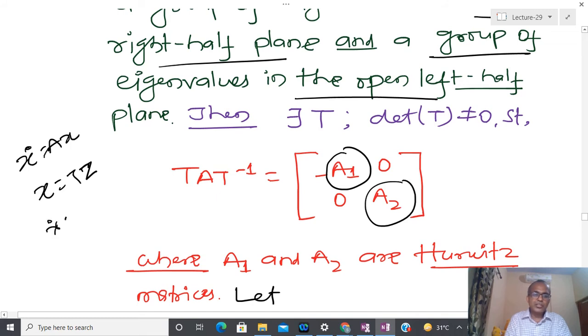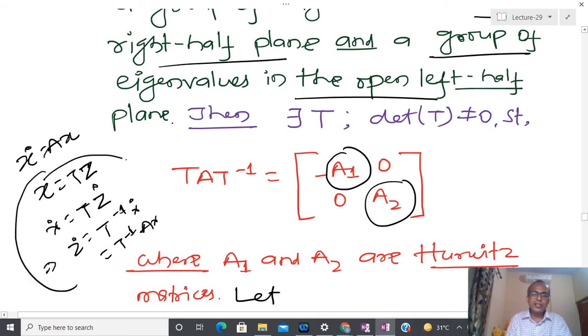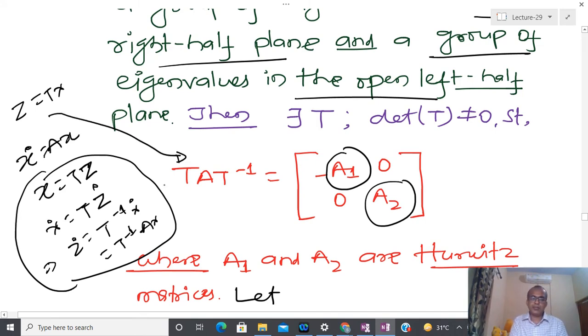Then x dot is T z dot, so z dot is T inverse x dot, which is T inverse A x, and in place of x I substitute Tz. So using this transformation you get T inverse AT. Or if you define the transformation as z equal to Tx, then you will get TAT inverse. You can see that z dot equal to T x dot, and x dot is nothing but Ax, and x is T inverse z, giving TAT inverse times z.